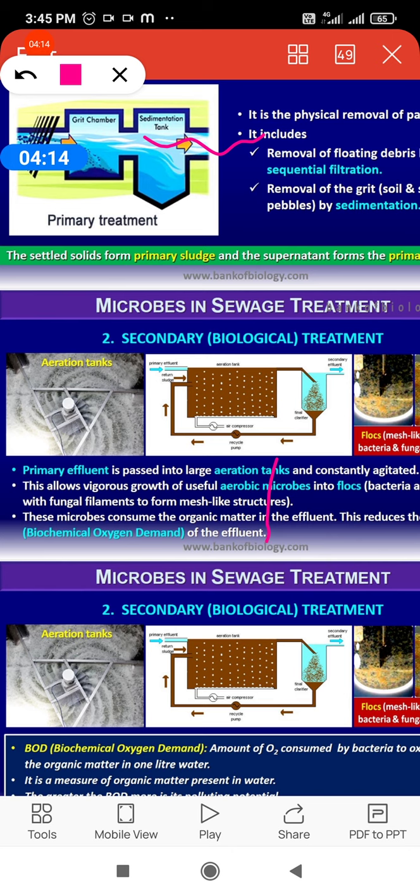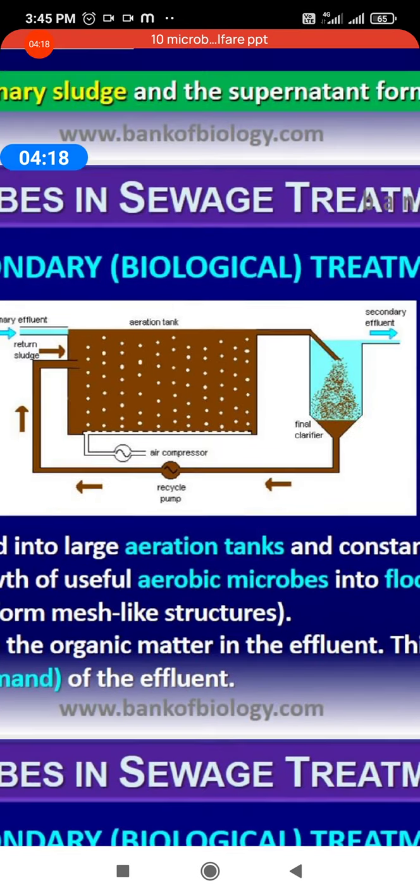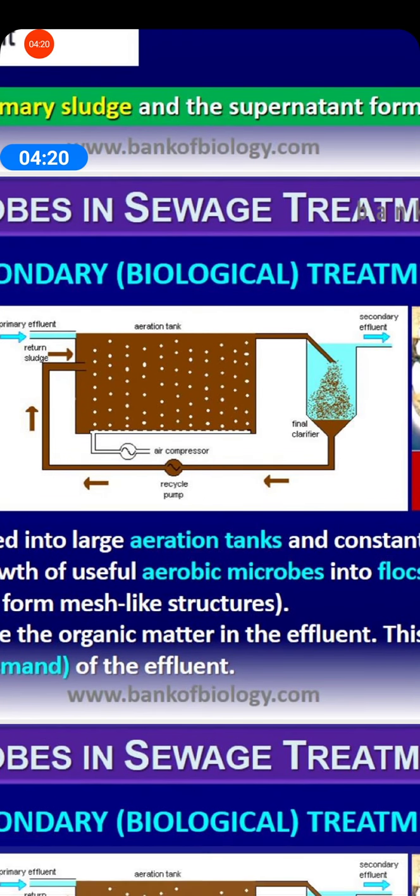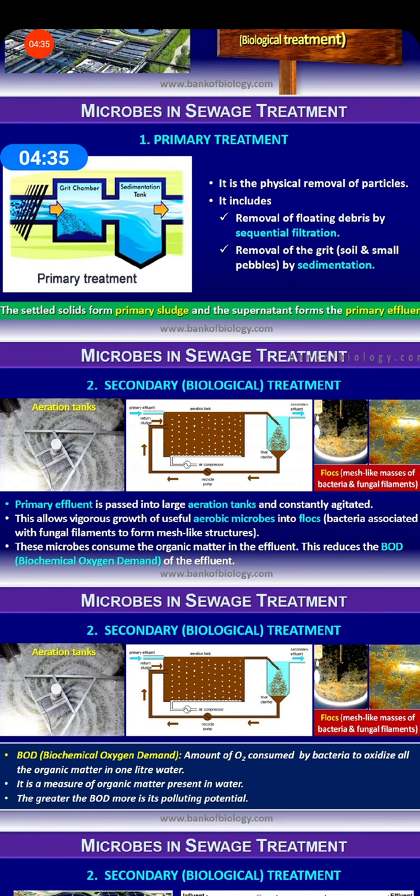And here you can see this is the aeration. See, effluent is coming into the aeration tank and going through that chamber, and then later on it turns into a secondary effluent. Now what is the way it turns from the primary effluent to the secondary effluent?